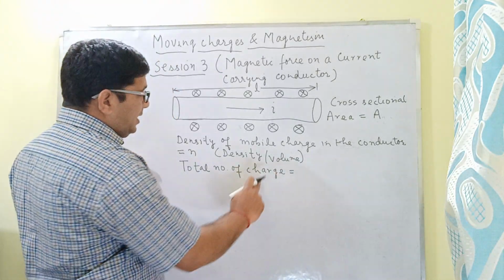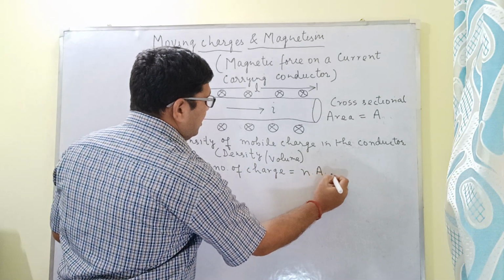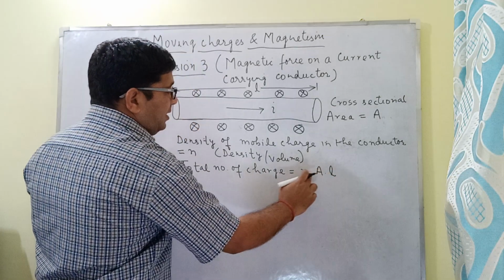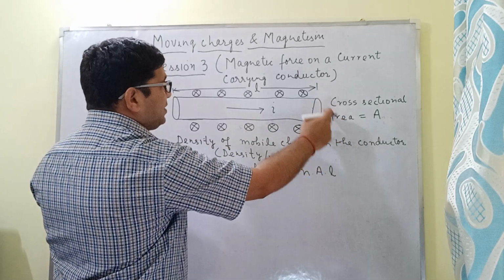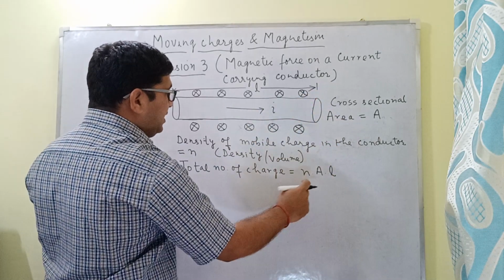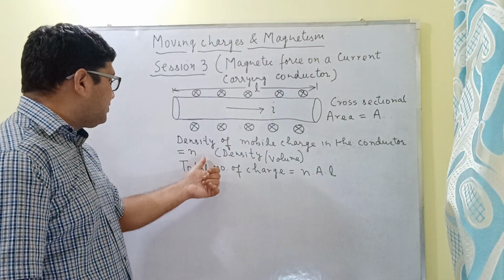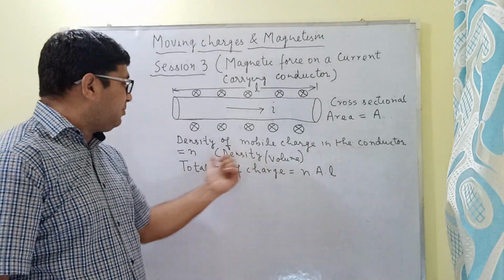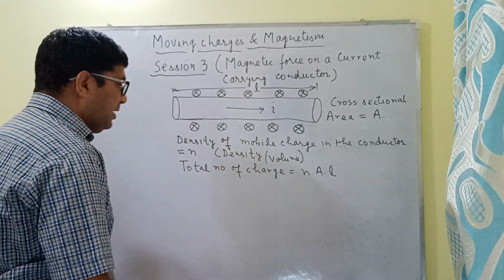The total number of charge is equal to nAL, where A is the cross section area of this conductor, L is की length हो जाएगी, and since the density of the mobile charge per unit volume is equal to n, so the total number of charge will be equal to n into A into L.